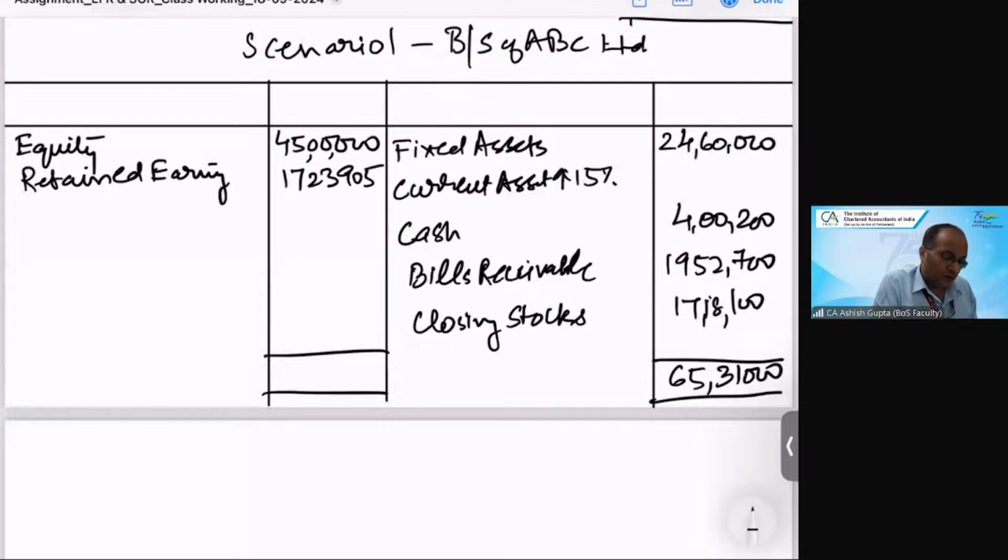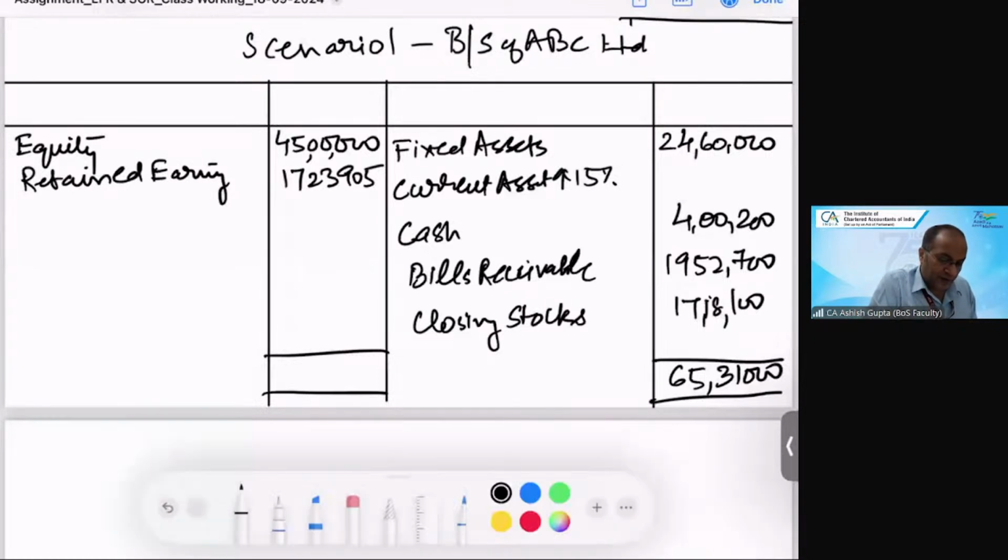Okay. Now for the long-term debts, I'm not writing any figure here. I'm just writing the figures.